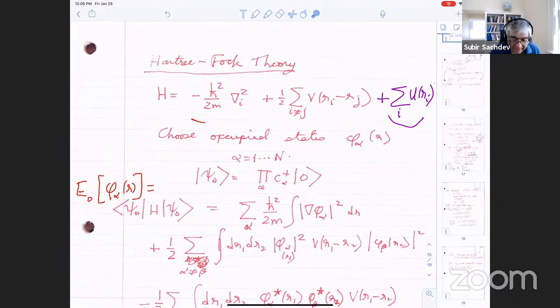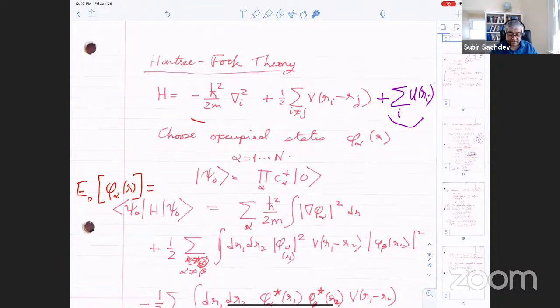So the basic idea is to just optimize this Slater determinant, and you optimize it by choosing these functions. So you have n wave functions to choose, and you're going to choose the best wave functions which optimize the energy of the many body state.